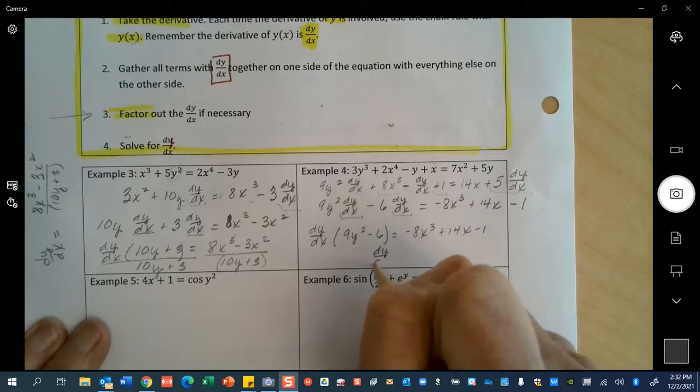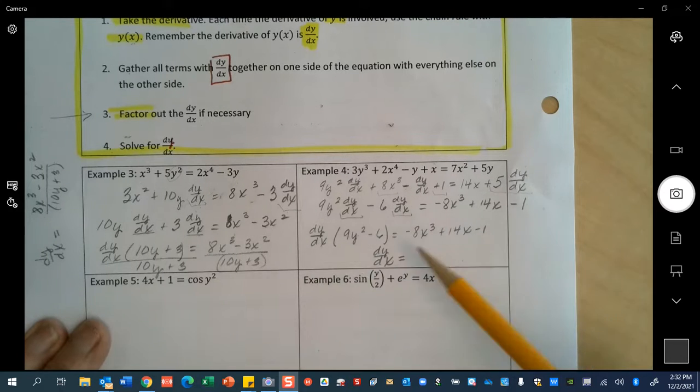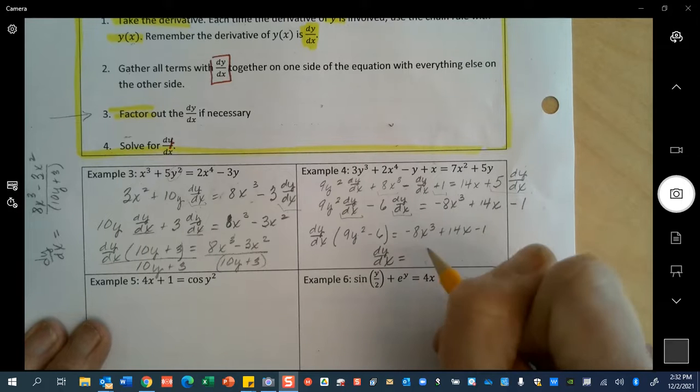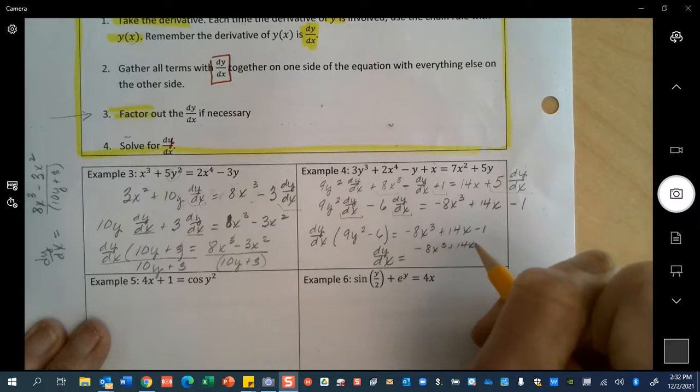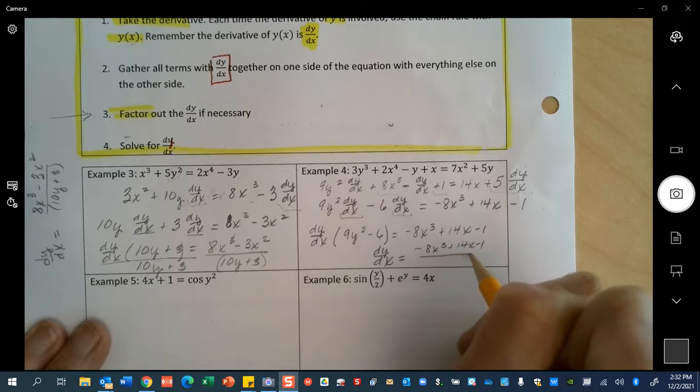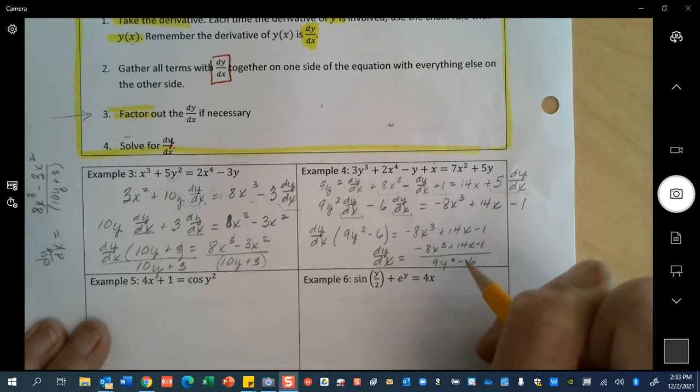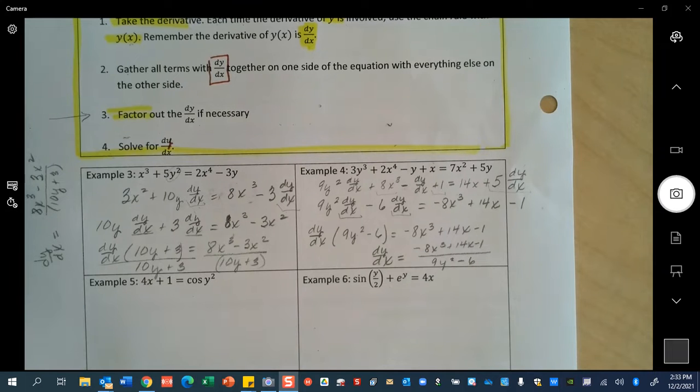So dy/dx, the derivative of y, the slope of the tangent line at this value with respect to x, is going to be equal to negative 8x cubed plus 14x minus 1 all over 9y squared minus 6. And that x and y are your coordinates, input-output, of whatever point you're finding your instantaneous rate of change at.